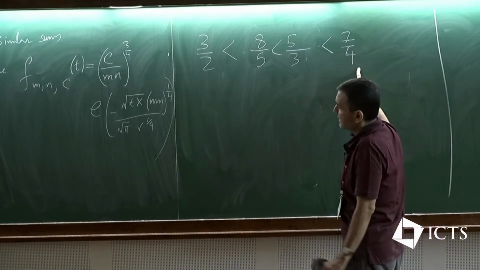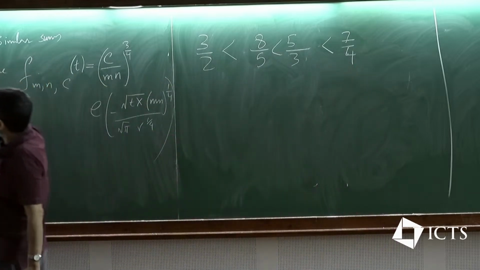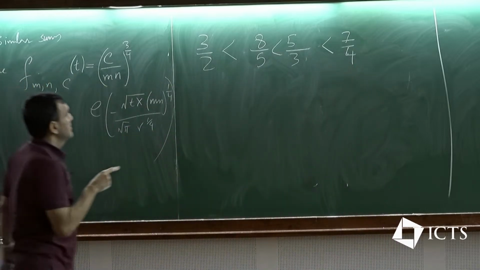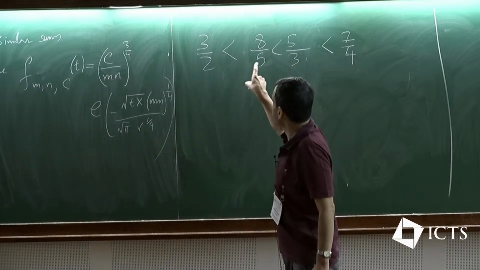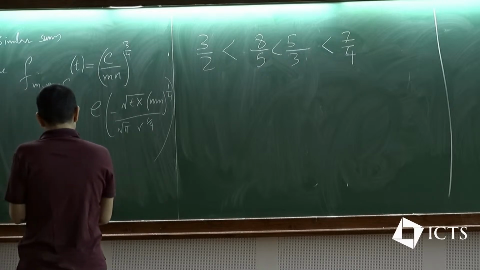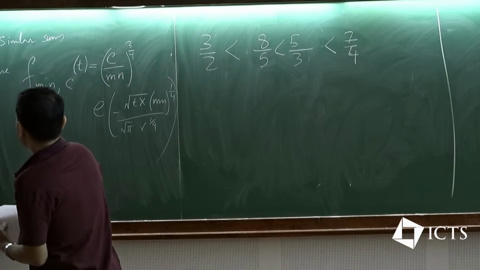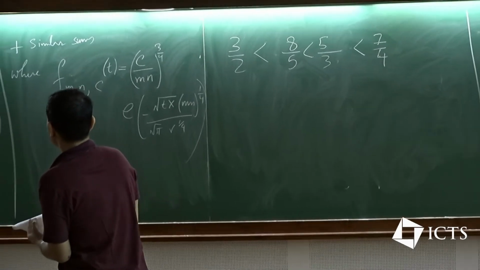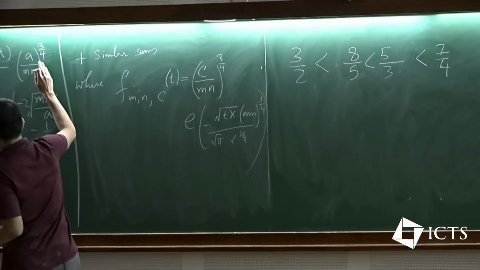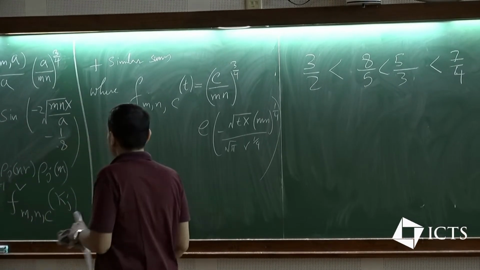This is what you get if you apply the Weyl bound there. And at this stage, if you apply the Weyl bound, you get 5 by 3. I will tell you where you get 8 by 5. This is before Kuznetsov. If you just do stationary phase, you get 5 by 3.